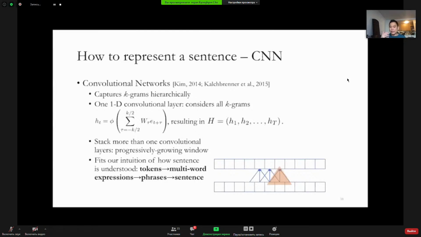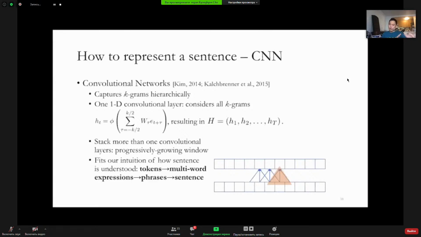That's where the idea of the convolutional network comes in. Instead of looking at the n-grams at a very shallow surface level alone and then computing the average, we try to capture these k-grams, or n-grams, but I'll just use k because n is a bit overloaded, hierarchically.